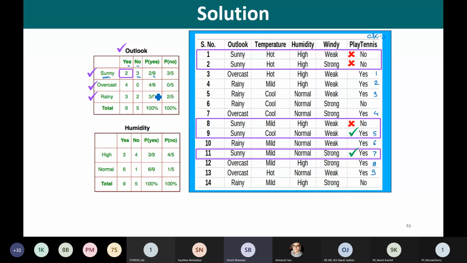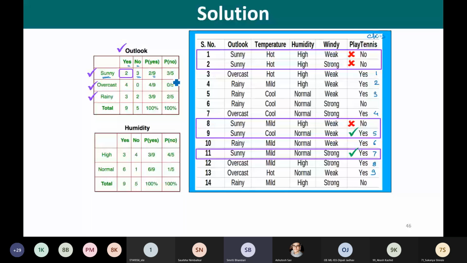So the probability of yes for outlook value sunny is 2 divided by 9. Similarly, the total number of instances with play tennis value no is 5. Out of those 5, 3 instances have outlook value sunny. So the probability of no for outlook value sunny is 3 divided by 5.